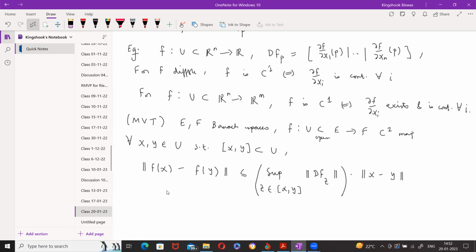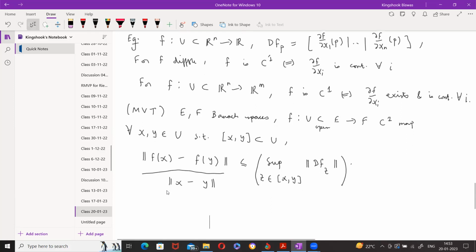And so if I divide by the norm of x minus y, the mean value theorem takes the form that this ratio, the norm of f(x) minus f(y) divided by the norm of x minus y, which is the macroscopic stretching of the map f, is less than or equal to the maximum infinitesimal stretching of the map f.